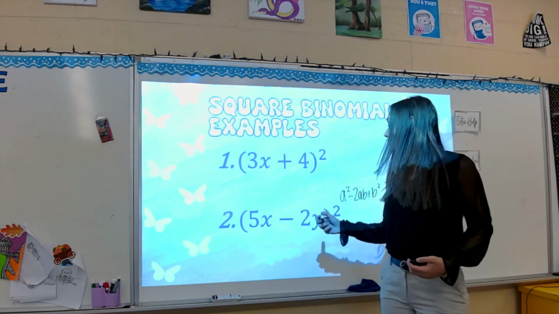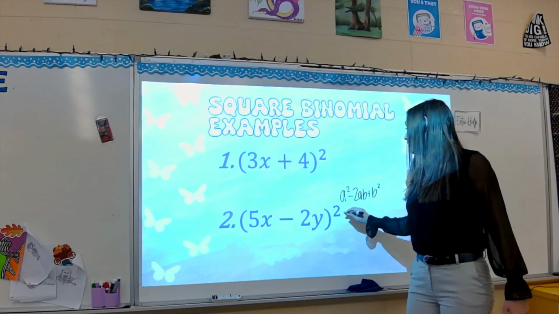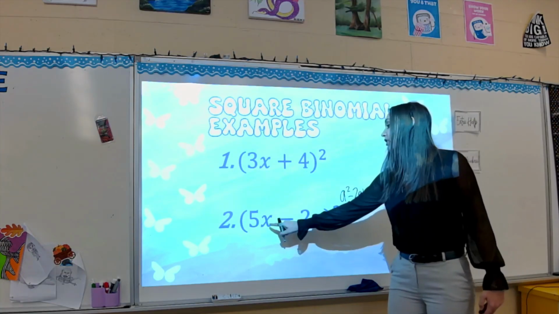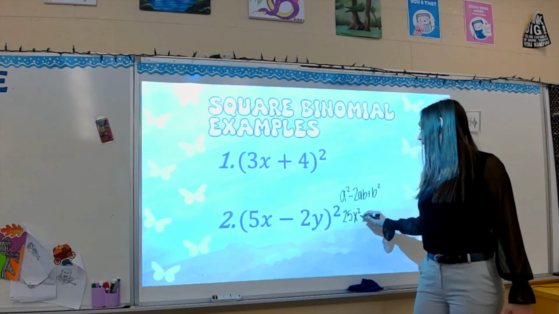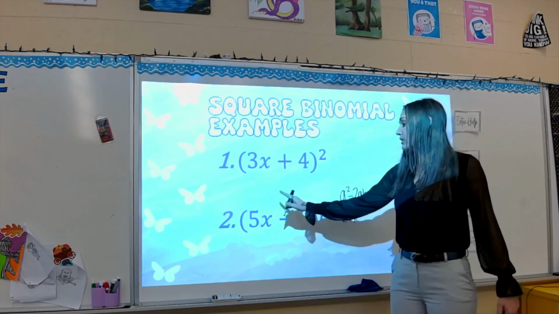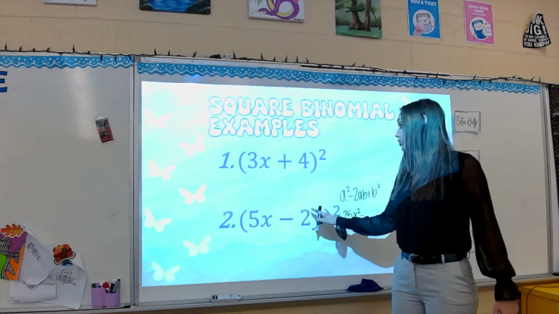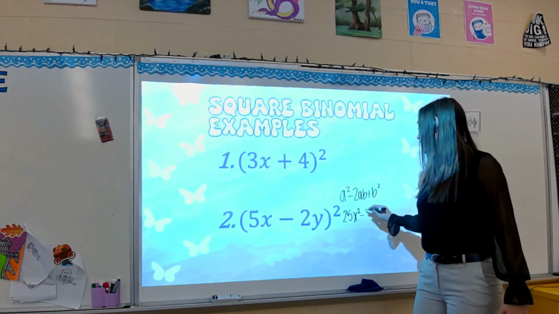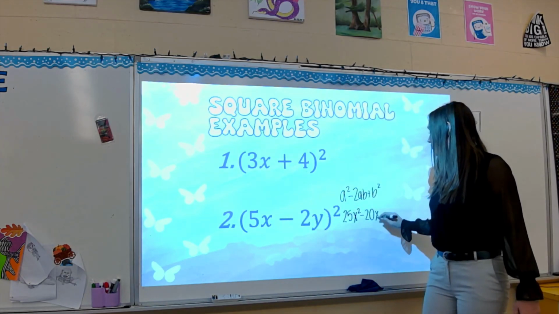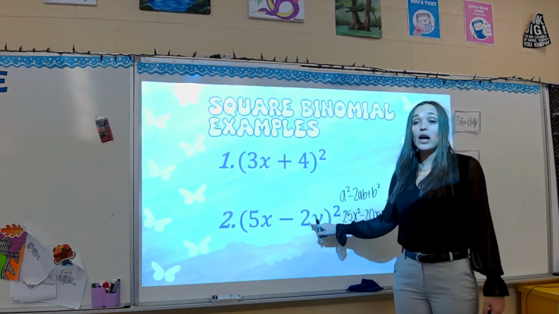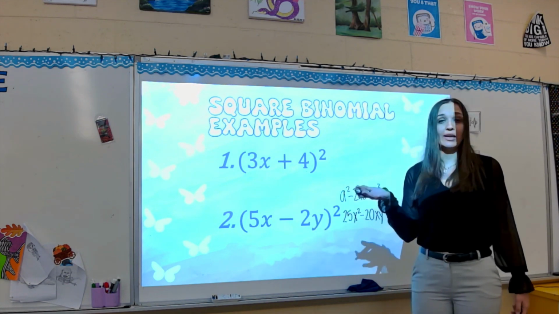It defeats the purpose. So if I square the first term, 5 squared is 25. Then I raise x to the second power, which is x squared. Then minus 2 times 5 times 2, which is 20. I have an x and a y, which just stays as xy. Then I raise the 2y to the second power.